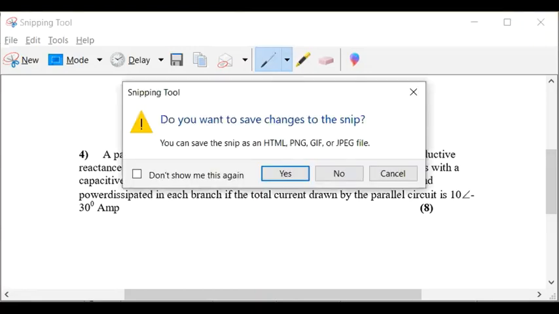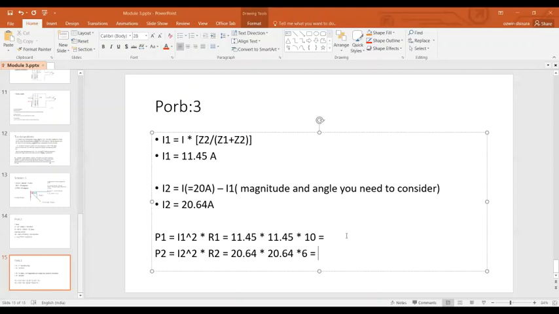Did anyone calculate? Just check if you get answers close to this particular value.